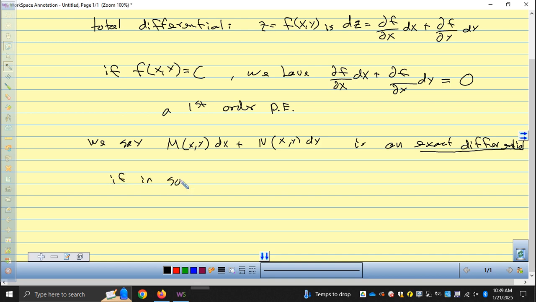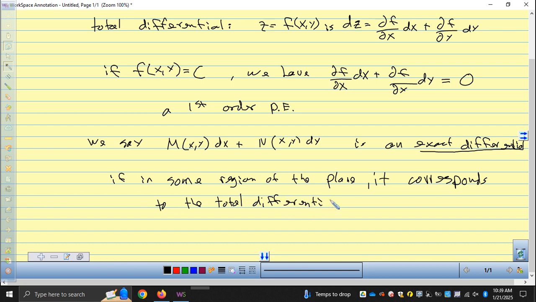if in some region of the plane it corresponds to the total differential of some function. So this is going to be an exact differential if it's the total differential of some function.